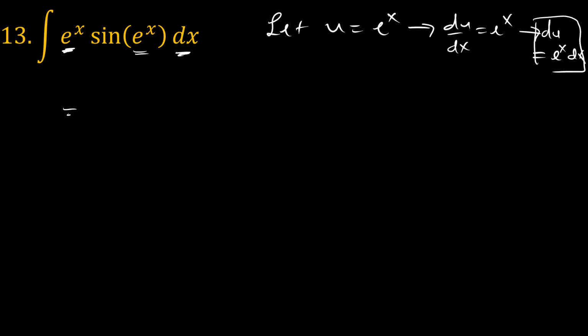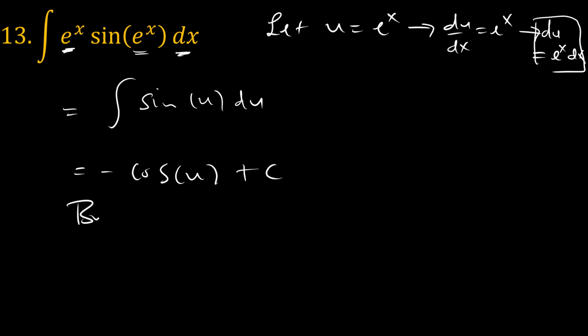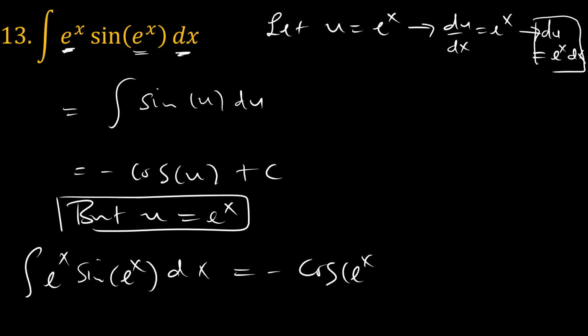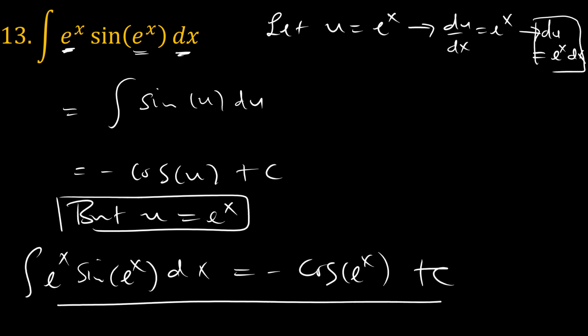So our problem becomes the integral of sine u, which is negative cosine of u plus c. But since u is equal to e to the x, this becomes negative cosine of e to the x plus c, and that is our answer, ladies and gentlemen.